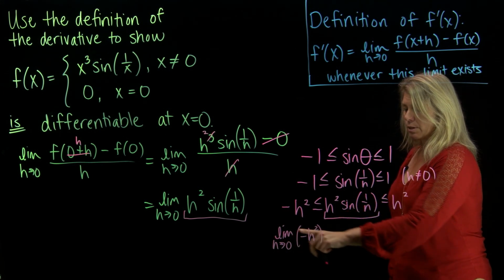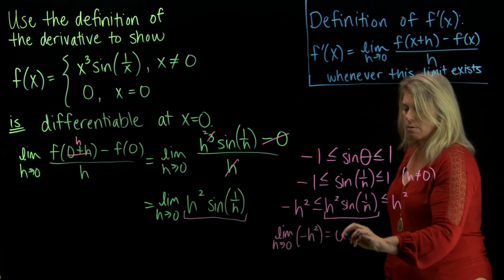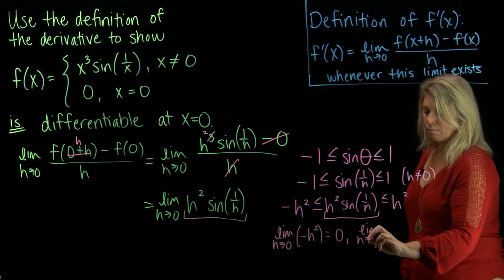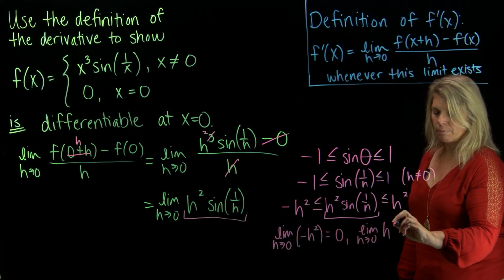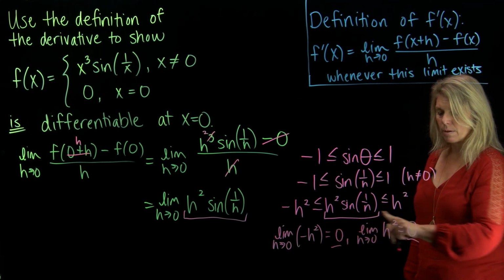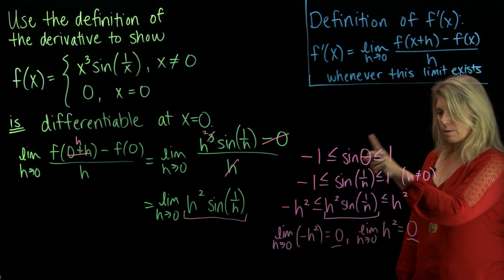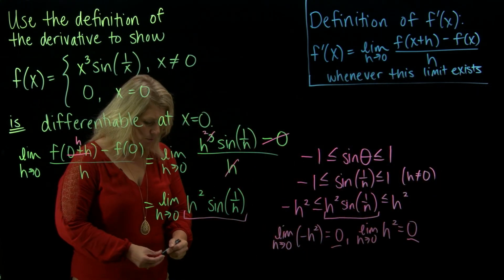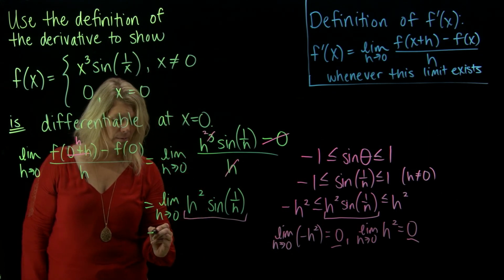So the limit as h approaches 0 of negative h squared is 0, and the limit as h approaches 0 of h squared is also 0. So that's the squeeze part of that theorem. Those limits go to the same value. So that tells us that the limit of this function in the middle, which is the limit we were actually after, is also 0.